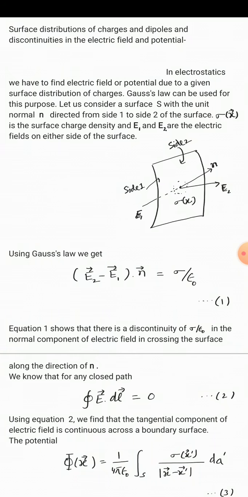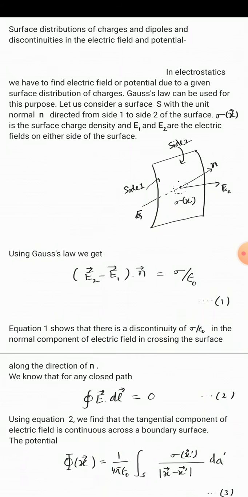So here while using Gauss's law, we can easily find that (E2 minus E1) dot n cap comes out to be equal to sigma over epsilon naught. So here we get this equation 1, and it is clearly showing that there is a discontinuity of sigma by epsilon naught in the normal component of electric field while crossing the surface along the direction of unit normal n.